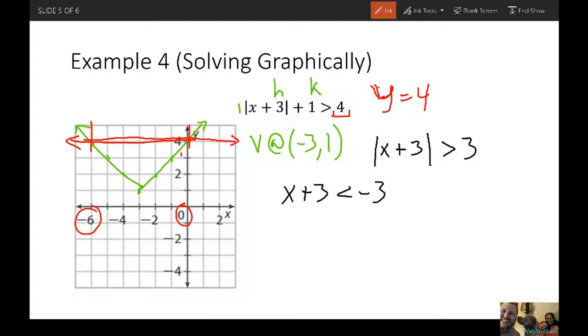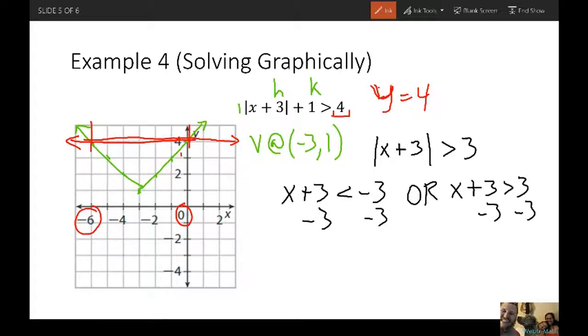Remember, the symbol flips when you negate. Or x plus 3 is greater than 3. Go ahead and solve for our x values. We'll both use the subtraction property. Just your solutions will probably be different.